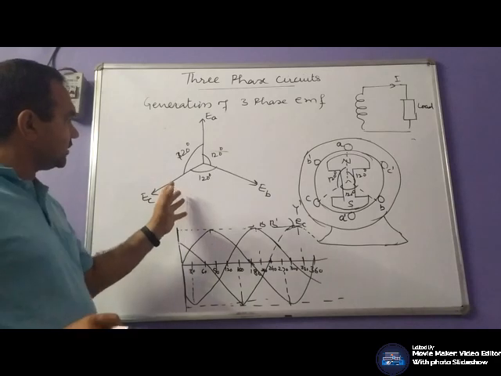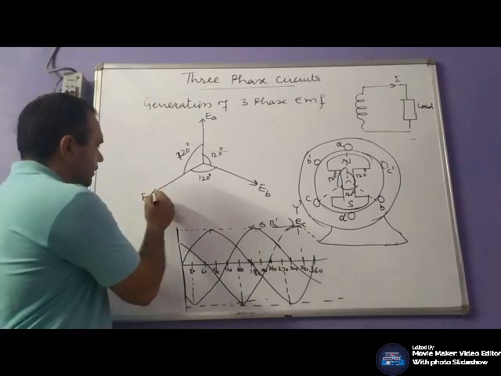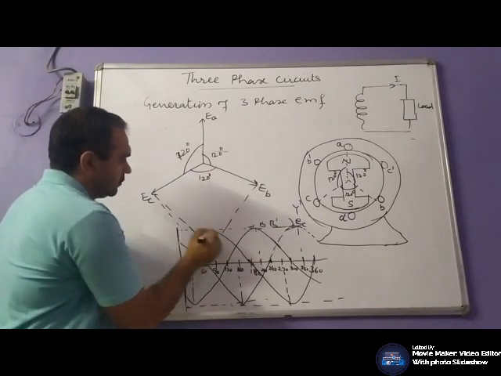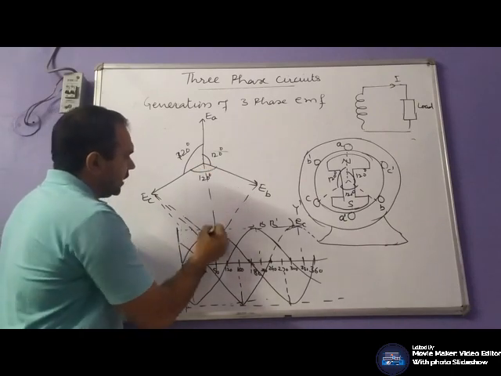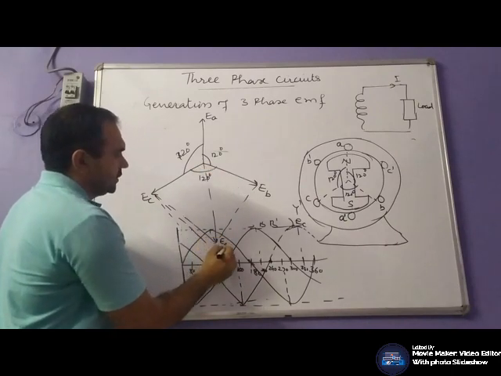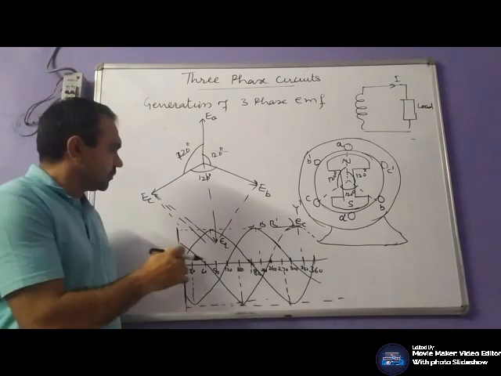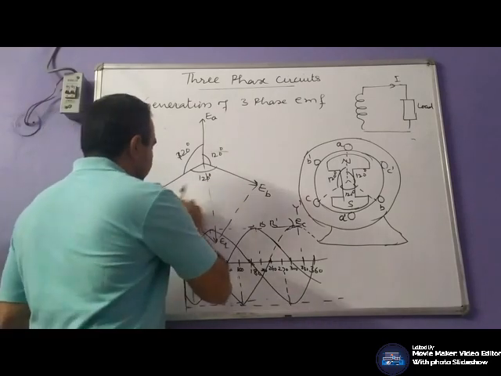If we want to see the resultant of any two phases, what will be the voltage? You can simply draw the voltage between any two phases and get the resultant. We will discuss this resultant voltage in a later section.